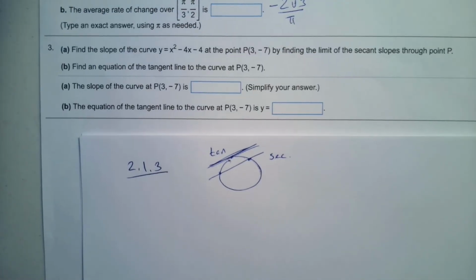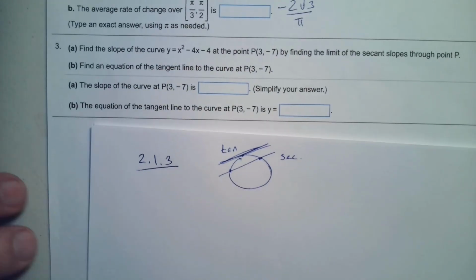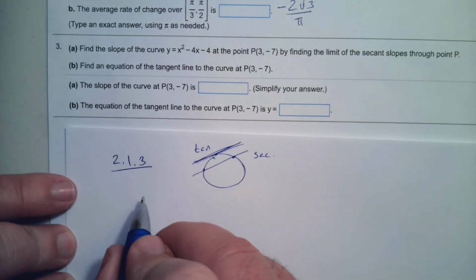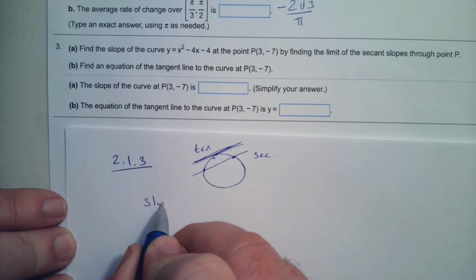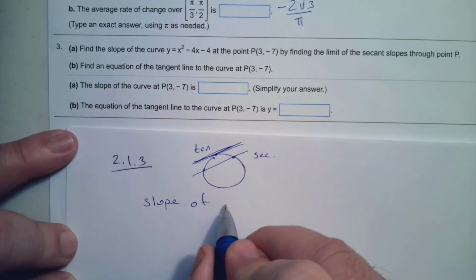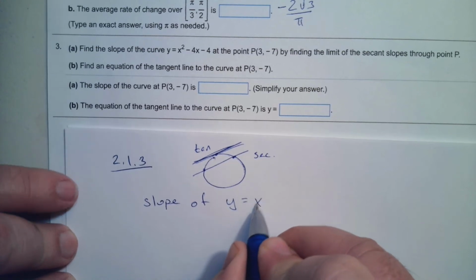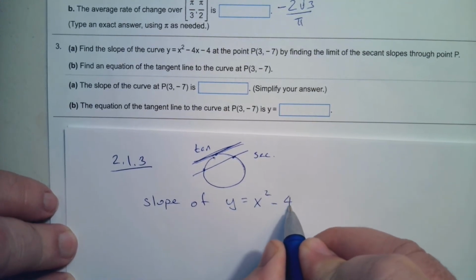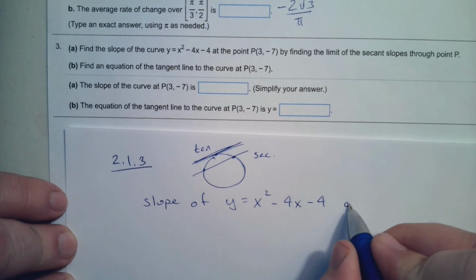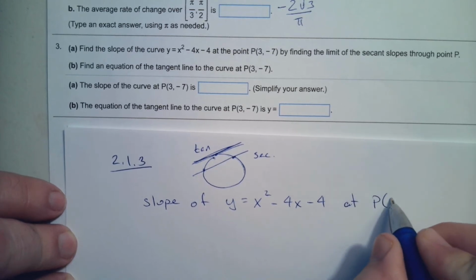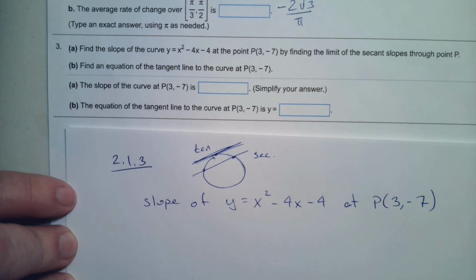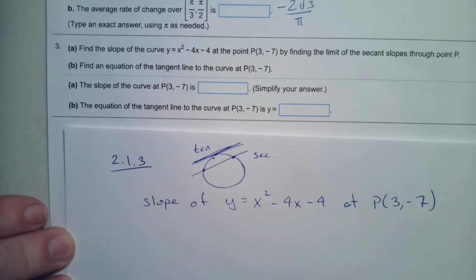So what this one's asking us is to find the slope of the curve y equals x squared minus 4x minus 4 at the point 3, negative 7, by finding the secant.